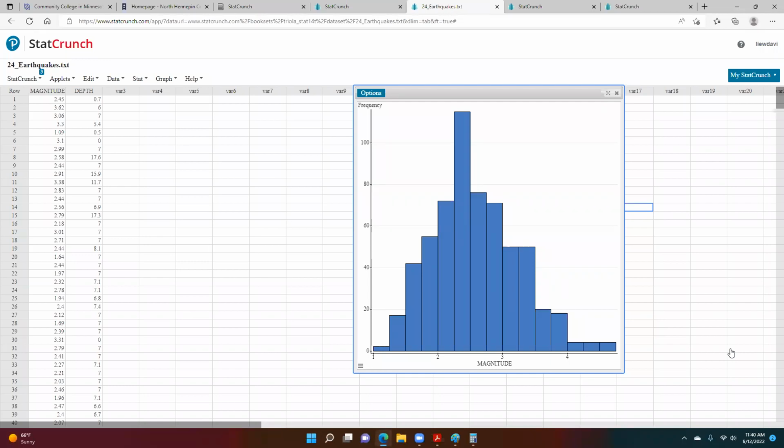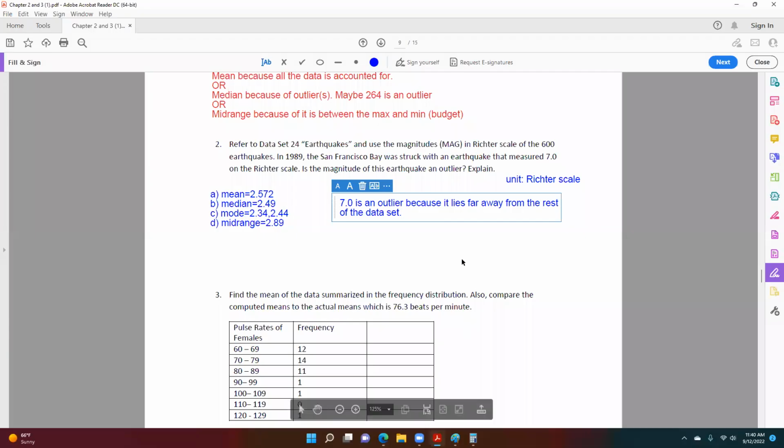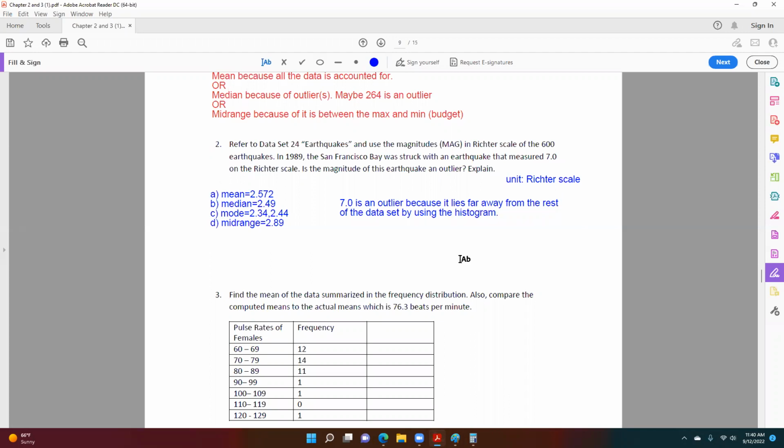The best way for us to do this is to do a calculation. And yes, in 3.3, you will learn that, and you'll figure out that this 7.0 is an outlier. So this is not the correct way, but it works by using the histogram.